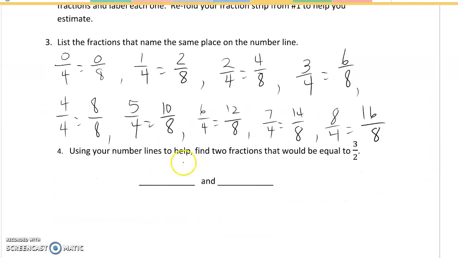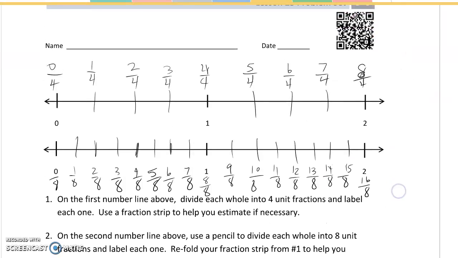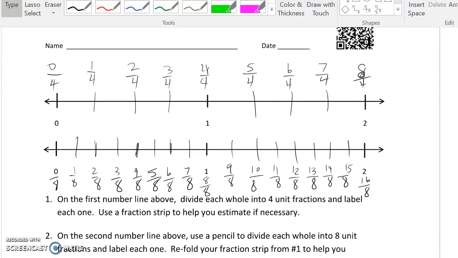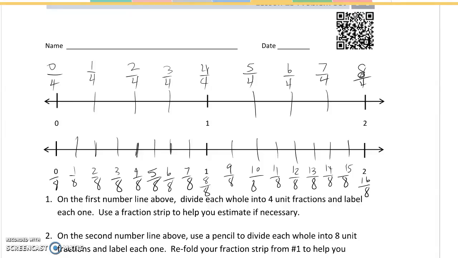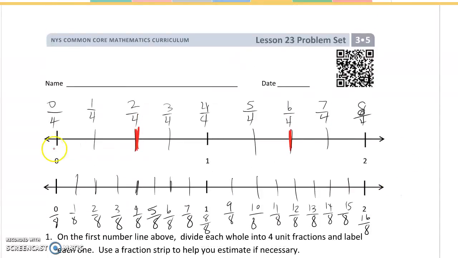Using your number lines to help, find two fractions that would be equal to 3/2. Okay, I'm going to get a different colored pen here, a red one. If I'm looking here and imagining these lines are not there, halfway would be right here, and then halfway would be here again. So where would 3/2 be?